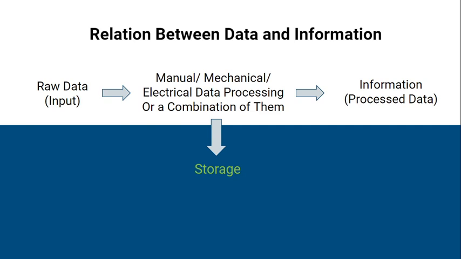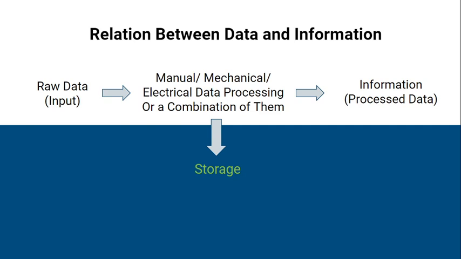Now here in this figure, it represents data to information processing operations. The raw data is given as an input. The raw data is processed either manually or mechanically or electronically or as a combination of them. The processed data or information is displayed through the output devices.